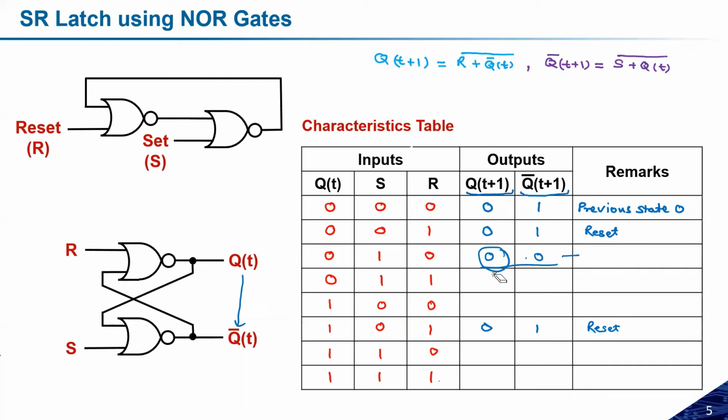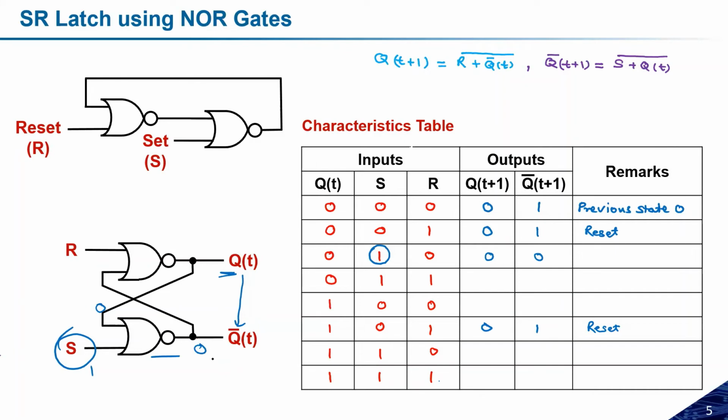Let me repeat what I'm saying, because this is very important. We have set one of the inputs, and the second input for this NOR gate is nothing but Qt. So this is 1, and Qt is equal to 0. So 0 and 1 will give you output 0.